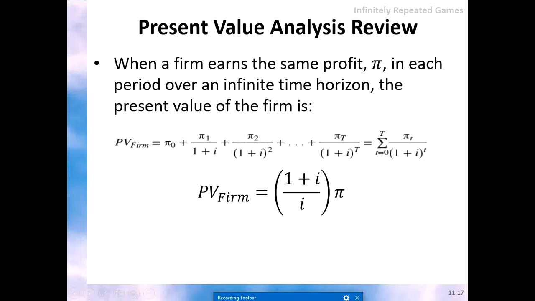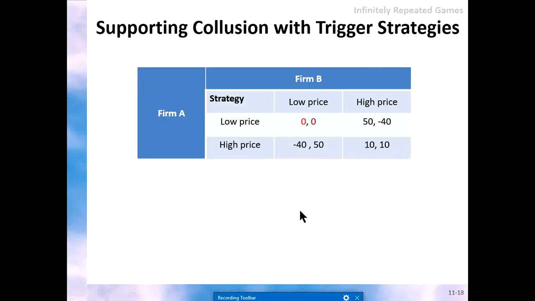This is equal to a simple formula, (1 plus i) divided by i times pi, assuming that pi 0 equals pi 1 equals pi 2 equals pi t. So the present value of the firm equals (1 plus i) divided by i times pi, where i is the interest rate.